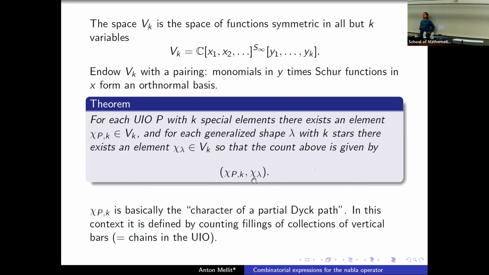Yes? So yeah, as I said, the functions of Shareshian-Wachs are precisely chromatic symmetric functions.